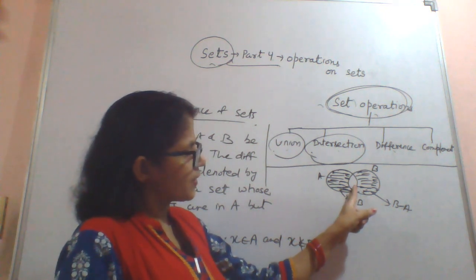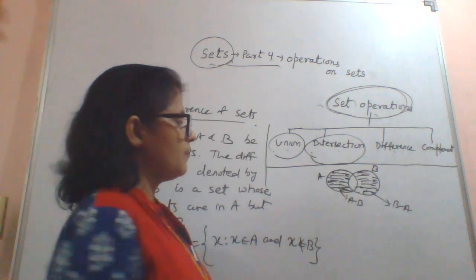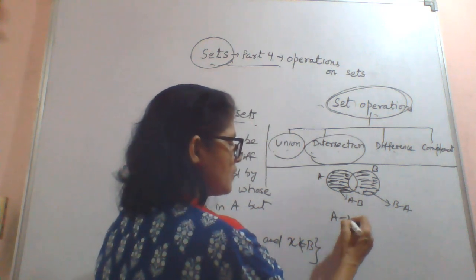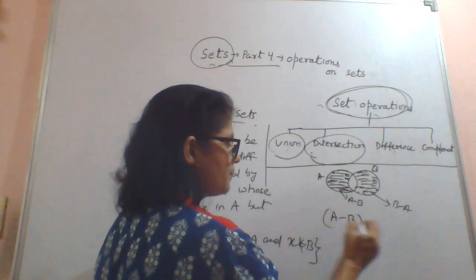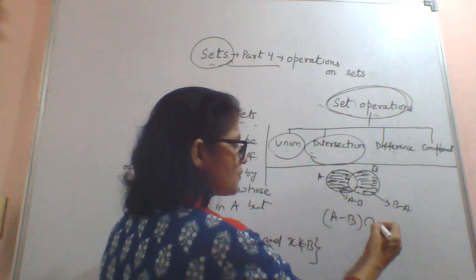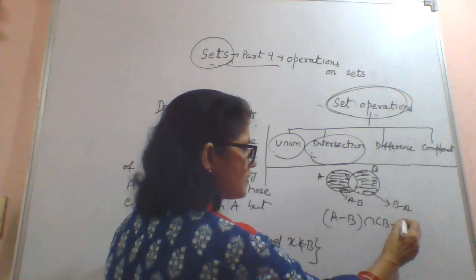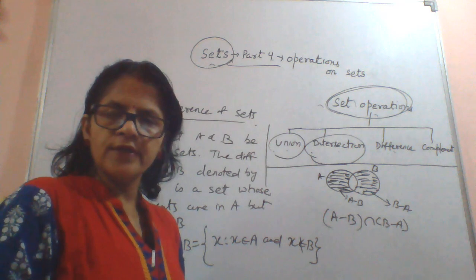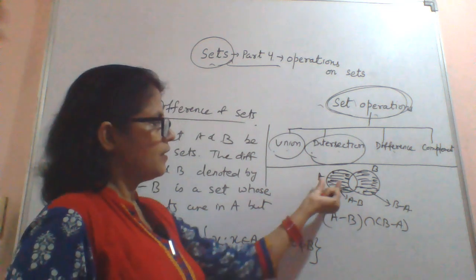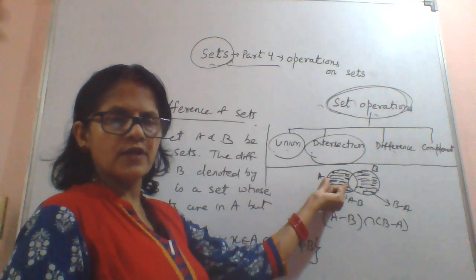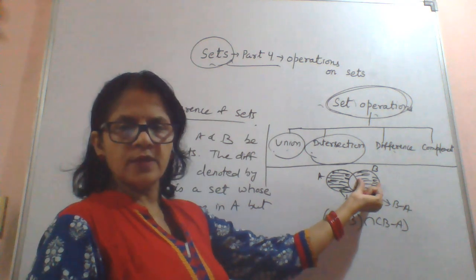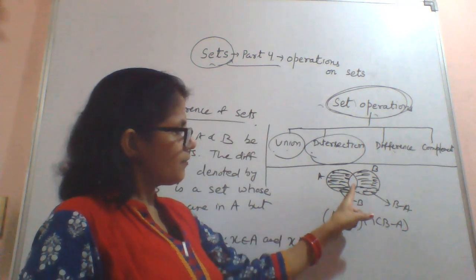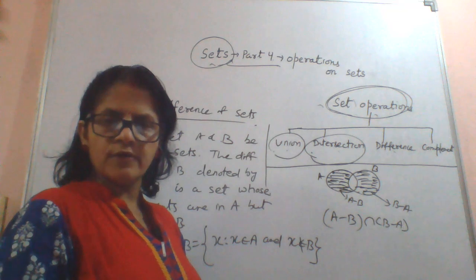Now you can tell me clearly, whenever we write A difference B intersection B difference A, are you getting any common element? See, this portion is A difference B, this portion is B difference A. Are you able to see any portion which is overlapping?